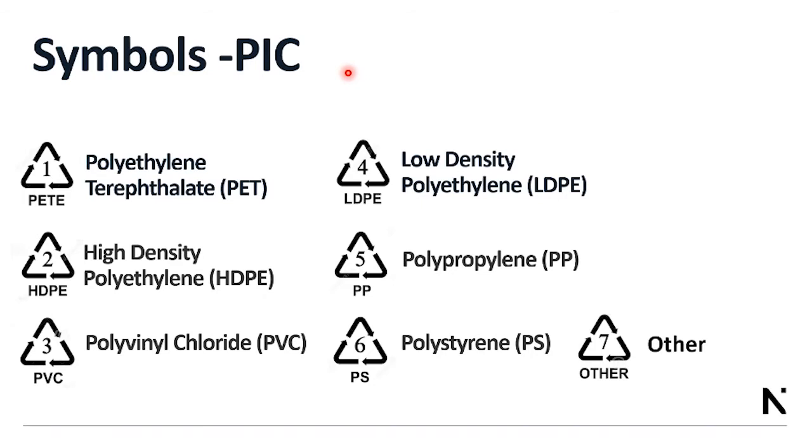These triangular symbols became synonymous with recycling, recyclable, or recycled materials, but unfortunately they only state the type of plastic they are. They do not mean that the product was ever recycled, nor that it will ever be. So the symbols or codes are a mouthful, but here they are.